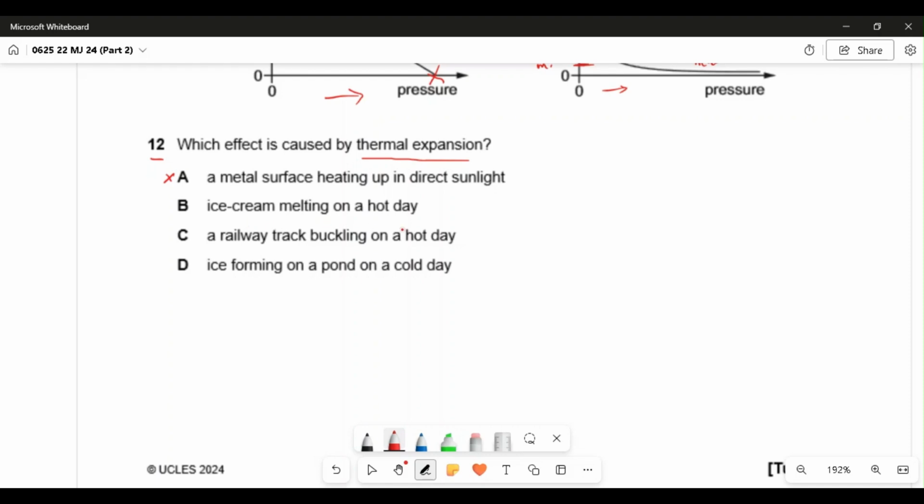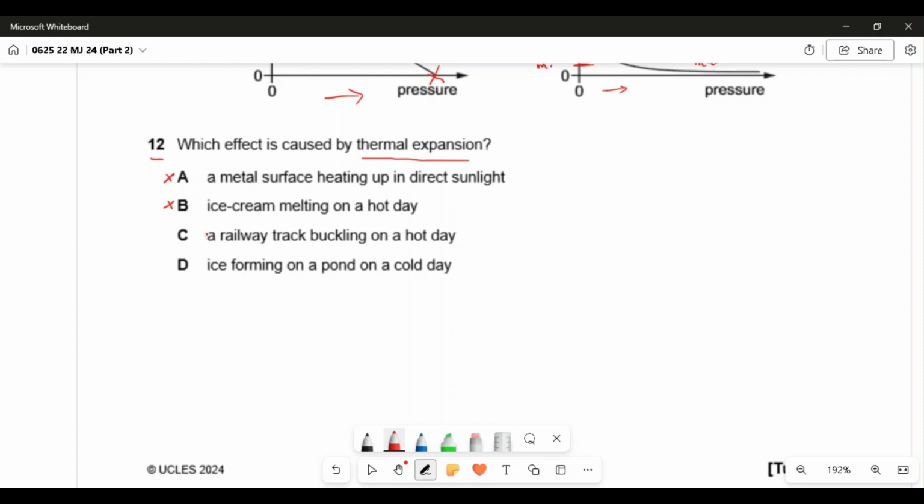Ice cream melting on a hot day. When ice or ice cream melts, it converts into liquid, but there is no thermal expansion shown while melting. A railway track buckling on a hot day. It means the railway track expands and changes its volume as well as its length.